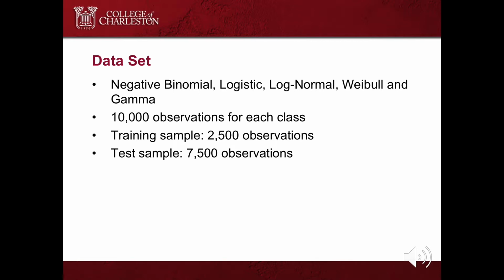So a little bit about our data set. As mentioned, we will generate observations for 5 different statistical distributions, which include negative binomial, logistic, log normal, Weibull, and gamma. For each class, we used Monte Carlo simulations to generate 10,000 observations, and 2,500 of those observations were allocated to the training sample, and 7,500 observations were allocated to the test sample.